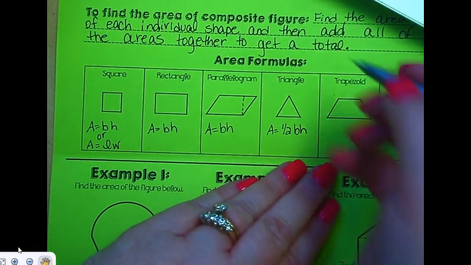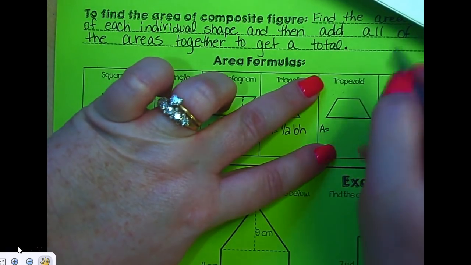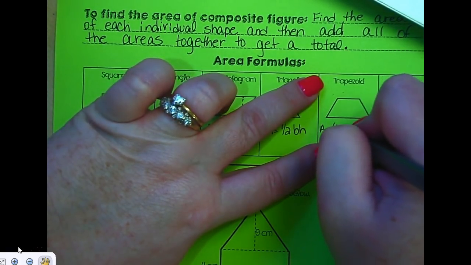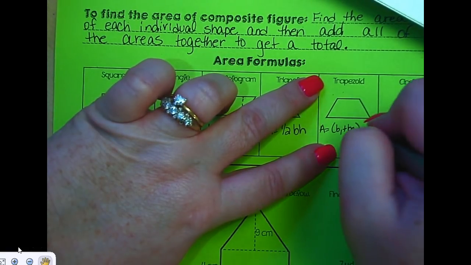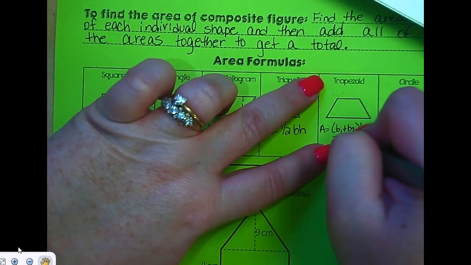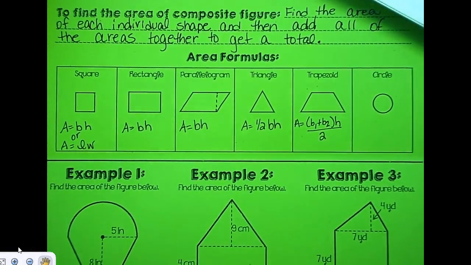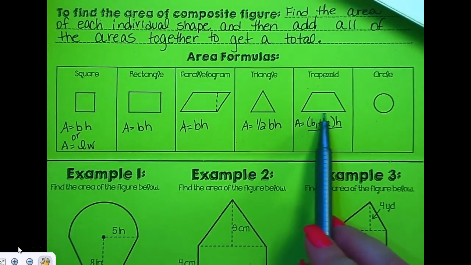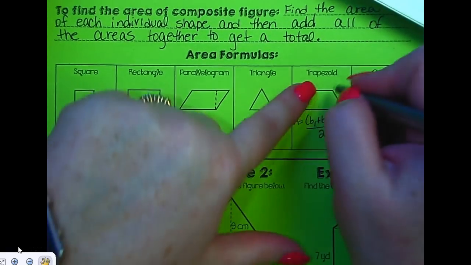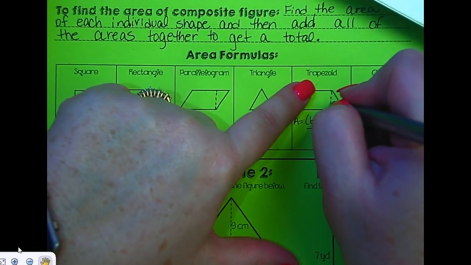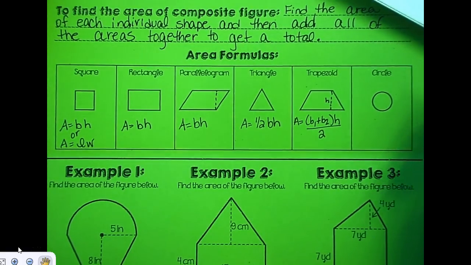A trapezoid, that one's a little bit more difficult. Area equals base 1 plus base 2 times the height divided by 2. So it's base 1, whatever the bottom is, plus whatever the top is, multiplying it times the height, and then dividing by 2.